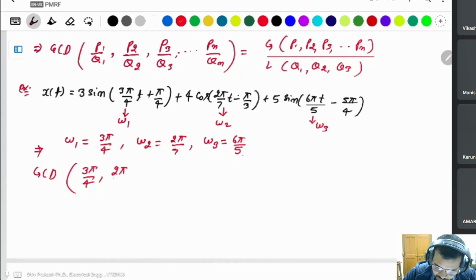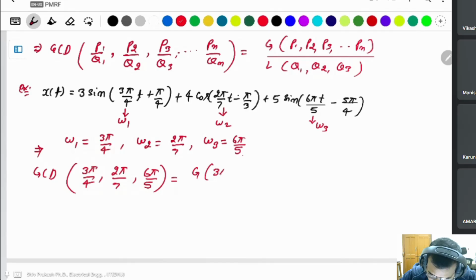3 pi by 4, 2 pi by 7, 6 pi by 5. These are in the P by Q form. And how can you find the GCD? Sorry. Numerators 3 pi, 2 pi, and 6 pi; LCM of denominators 4, 7, and 5.